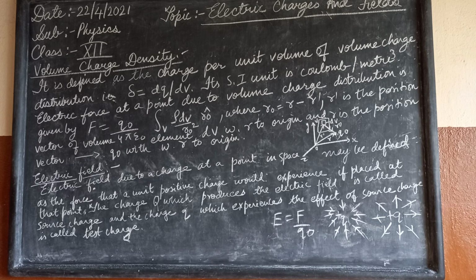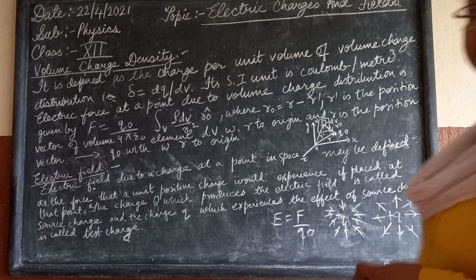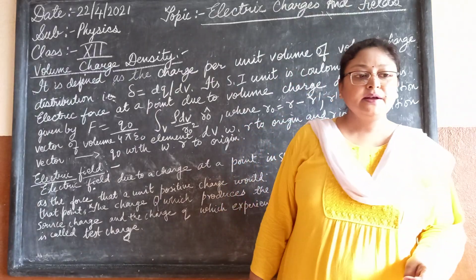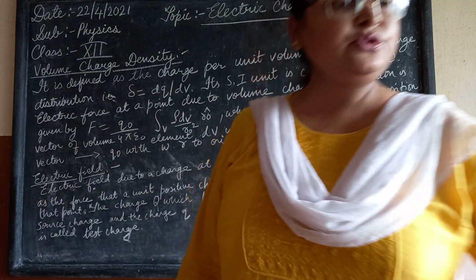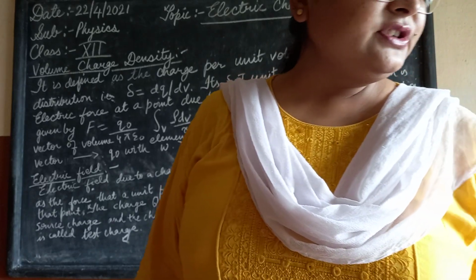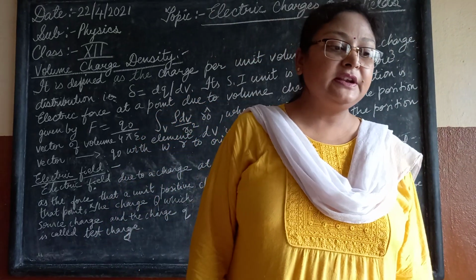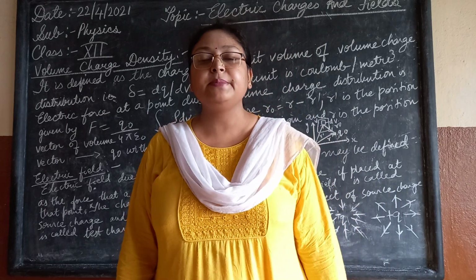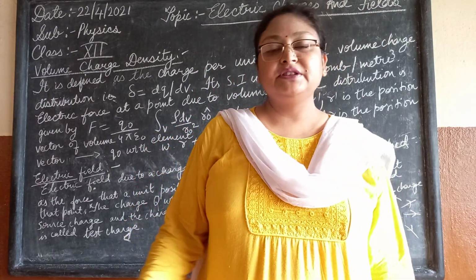Clear? I will be giving a PDF related to this video so you can follow along, and we will continue this session. In the next video I will explain the electric field due to a point charge.